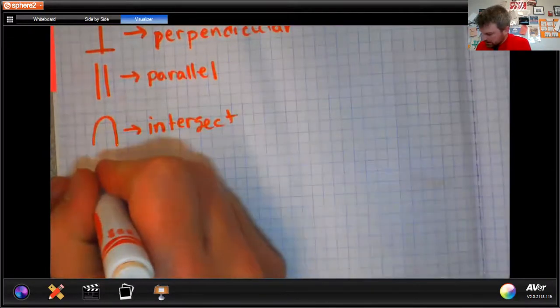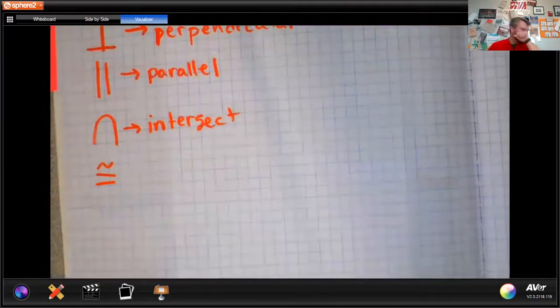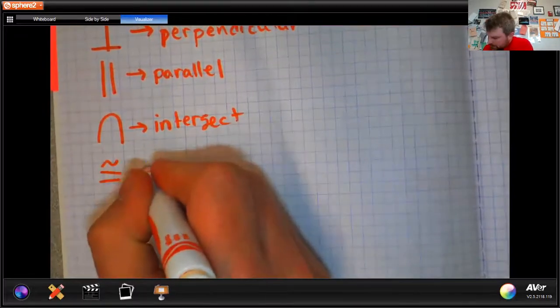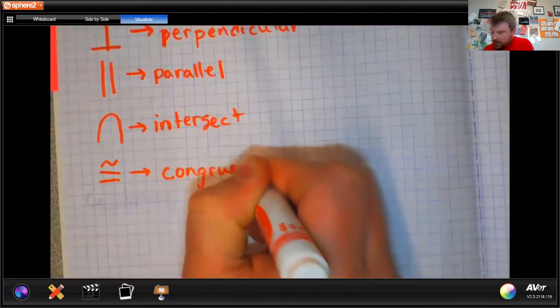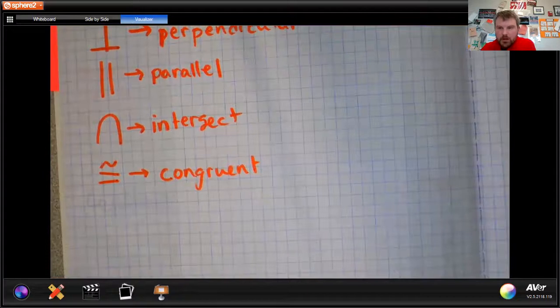The next one is an equal sign with a little squiggly or tilde above. It will mean congruent. Congruent means that two things are equal to each other. Their distances are the same.